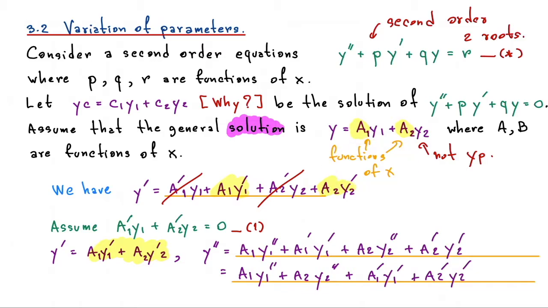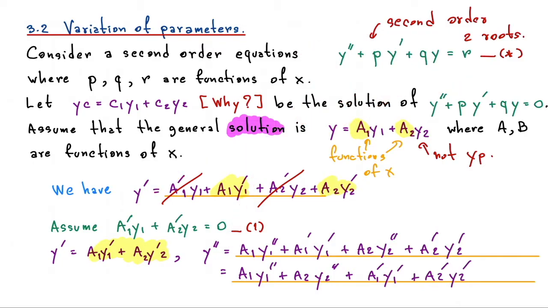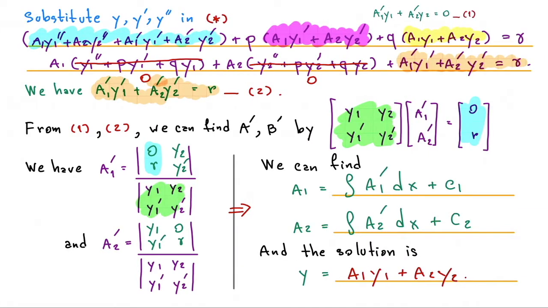After that, we investigate the first derivative and the second derivative. We make this assumption, and then we put the first derivative, the second derivative, and y into this equation. After some rearranging, we get this equation.